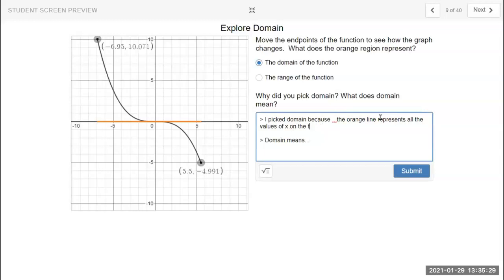Or maybe I'll say on the function. Either one would work, but I just want to make sure I'm not saying all the X values on the grid. I'm saying all the X values on the function that has been graphed here. So domain means all the input values. Of course, that would mean the set of all X values for the function.